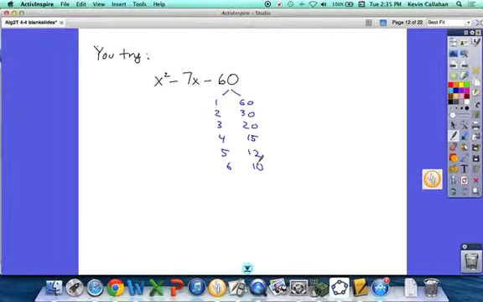And let's see, 7, 8, and 9 are not going to work. The bigger one has to be negative. So which pair of numbers is it? 5 and minus 12. So the answer is x plus 5, x minus 12. Right?